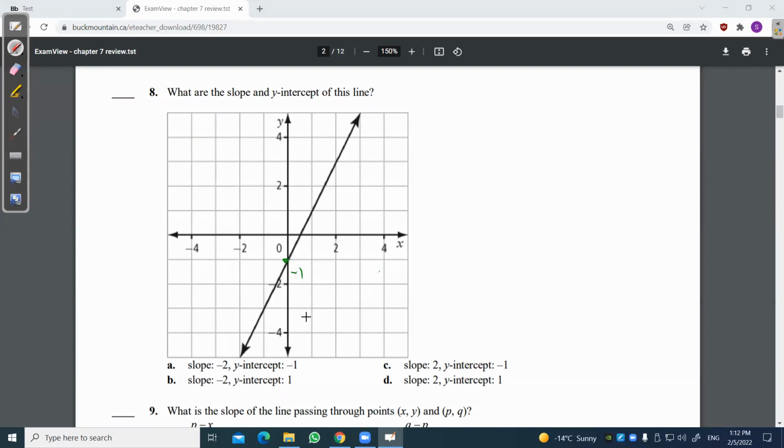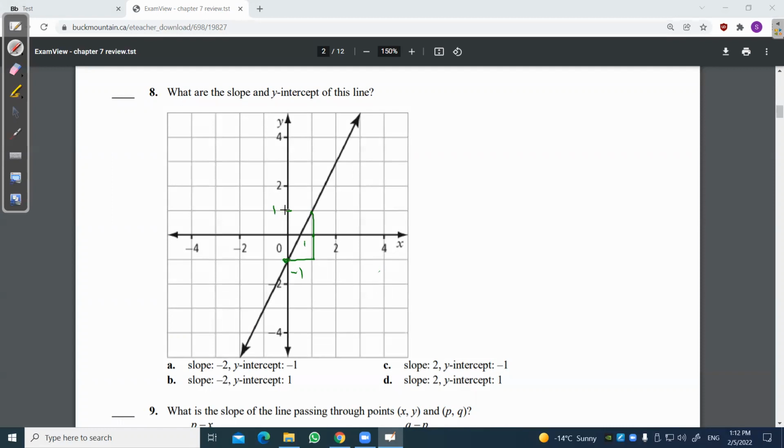Now, how do you find the slope? You can draw another point and then make a triangle. All right, so let's pick this and this. So that is 1, right? And that on the x-axis is also a 1. So what's the rise? Just 1.